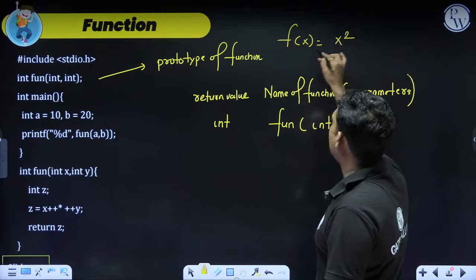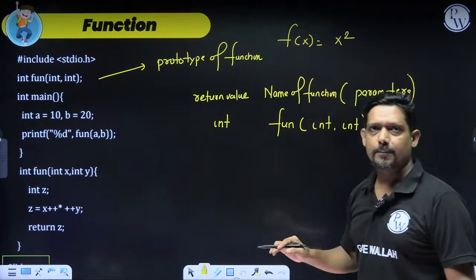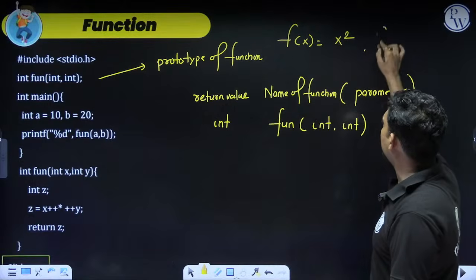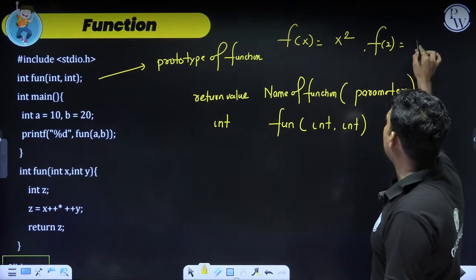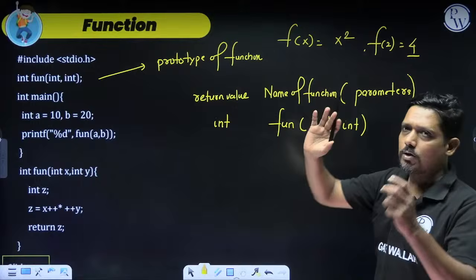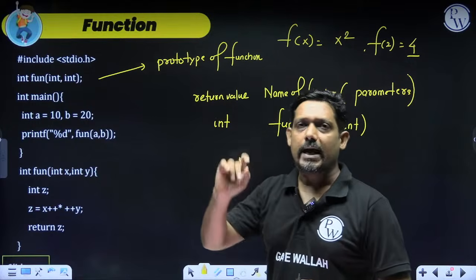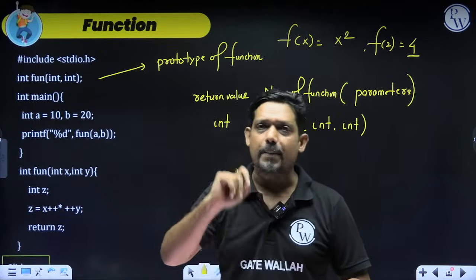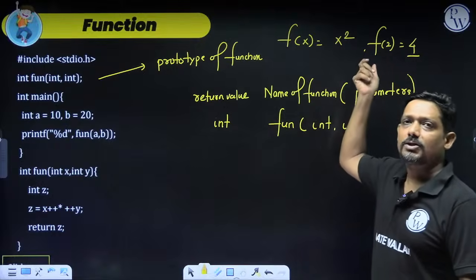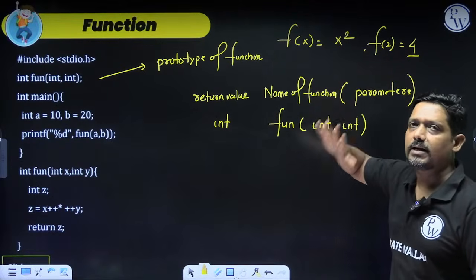Now f is a function of x, and when I pass the value, in this case f of 2, the answer will be 4. So think of the same situation: x is the parameter, and when the function computes the value, 4 is the return value.